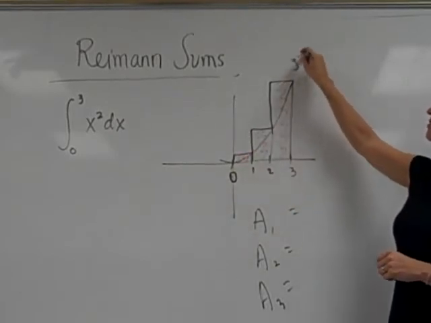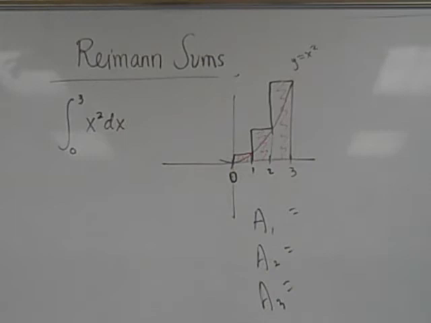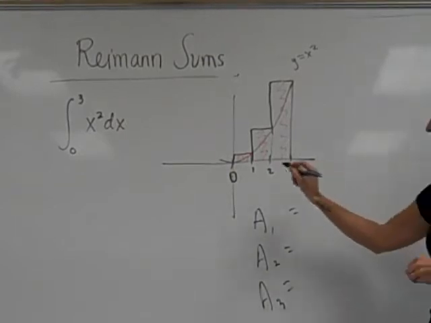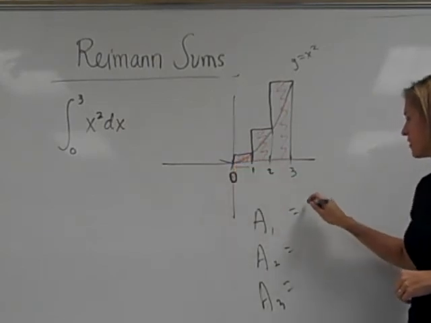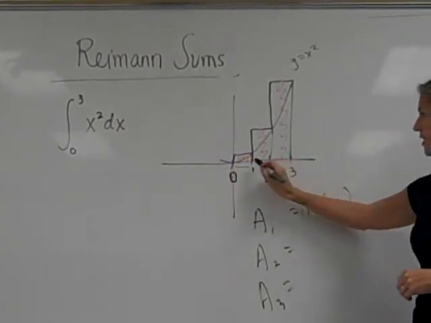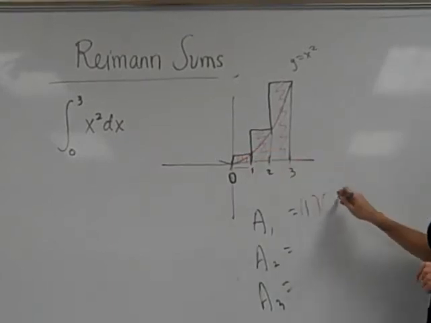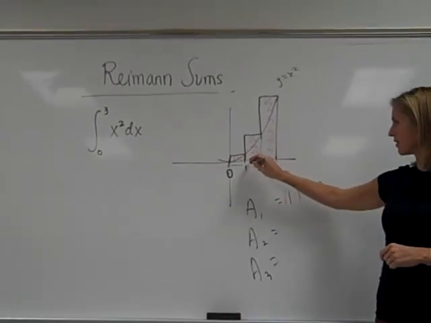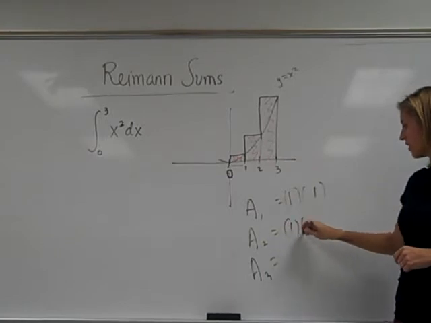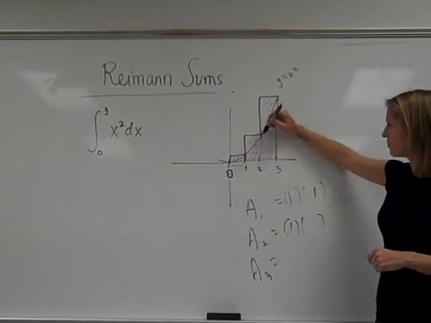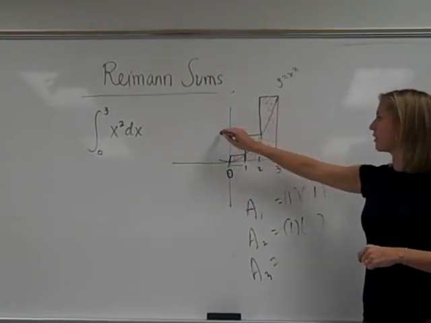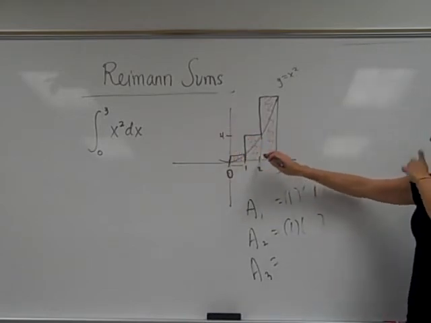This curve is y equals x squared. That's what's going to allow us to find the height of each rectangle. The first rectangle has a width of 1 and a height of what? 1. My second rectangle also has a width of 1 and the height this time of what? 4. I'm using 2 as my endpoint.